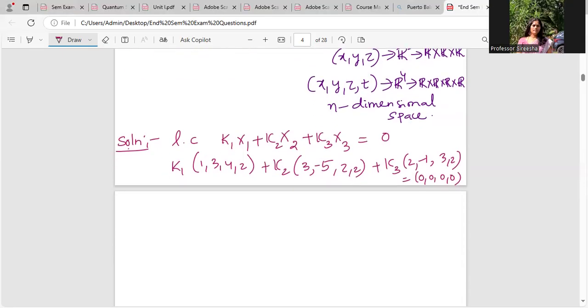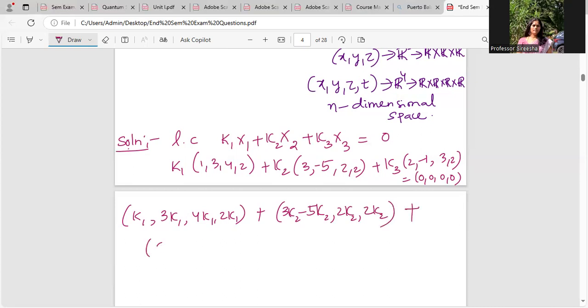Now I'll take all the scalars inside. That will look like this. K1, 3K1, 4K1 and 2K1 is the first vector. 3K2, minus 5K2, 2K2, 2K2 is the second vector. 2K3, minus K3, 3K3, 2K3 is the third one. 0, 0, 0, 0.